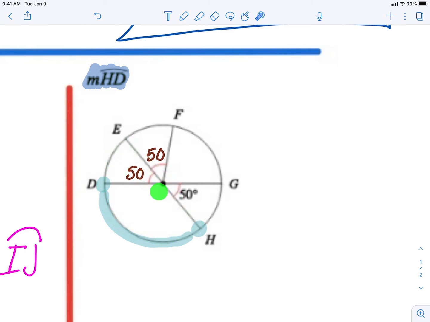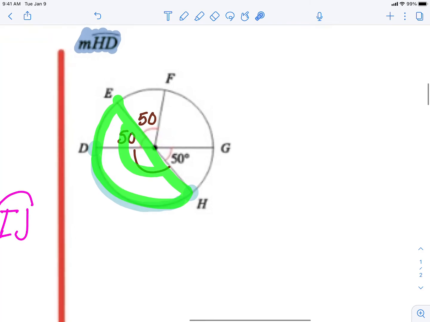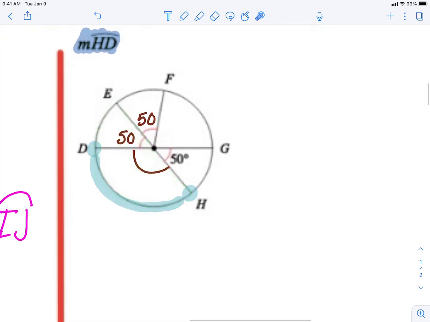So these two together, 50 and this right here, equals 180. And if I have this, I have the arc, because the central angle is equal to the arc. So my half a circle is 180, and these two together are 180. If I subtract 50, then the rest will be left right here.